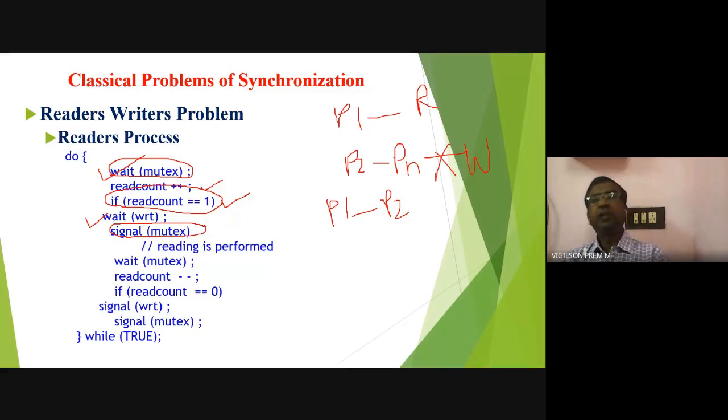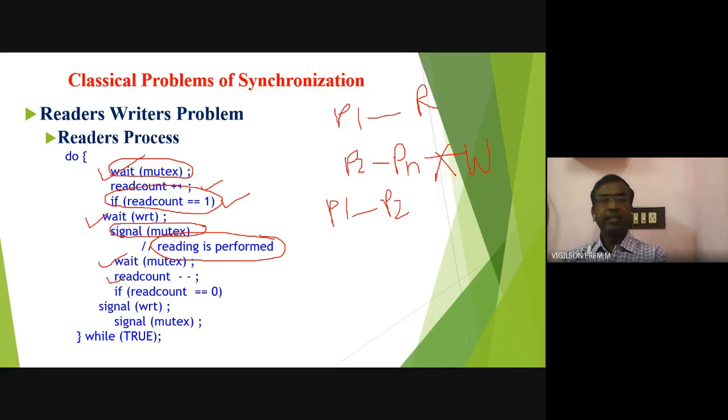Signaling for mutex means that whether it is a reader process or a writer process, they can read the value, but they cannot write the value. Now again for mutual exclusion, I am using wait, then read count is decremented.